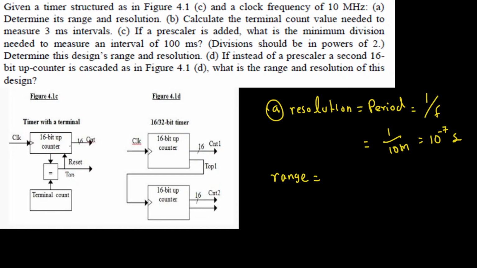This is a 16-bit counter, so 2 to the power 16, and then multiply that by the resolution, which is 10 to the power minus 7. 2 to the power 16 is 65,536, and multiplying that by 10 to the power of minus 7, we end up getting 0.0065536 second, and this is our range.